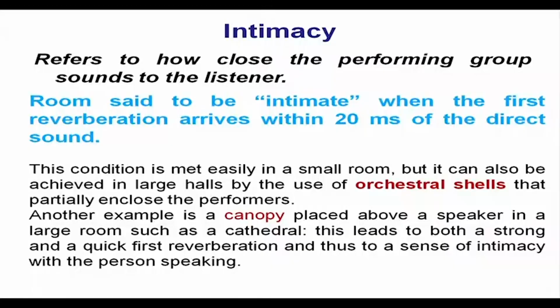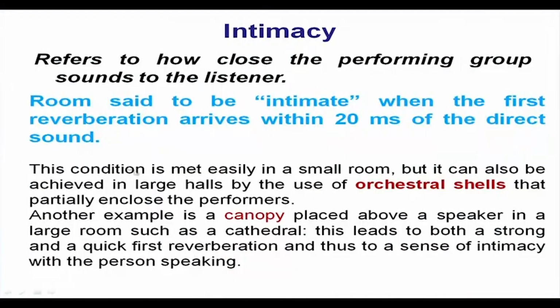So, a room is said to be intimate when the first reflection arrives within 20 milliseconds of the direct sound. So, if the first reflection to the listeners arrives within 20 milliseconds, so I make an arrangement of all the reflectors such that the difference between the direct sound and reflected sound in time is 20 milliseconds, then a person will feel that I am intimate with that orchestra which is performing on the stage.